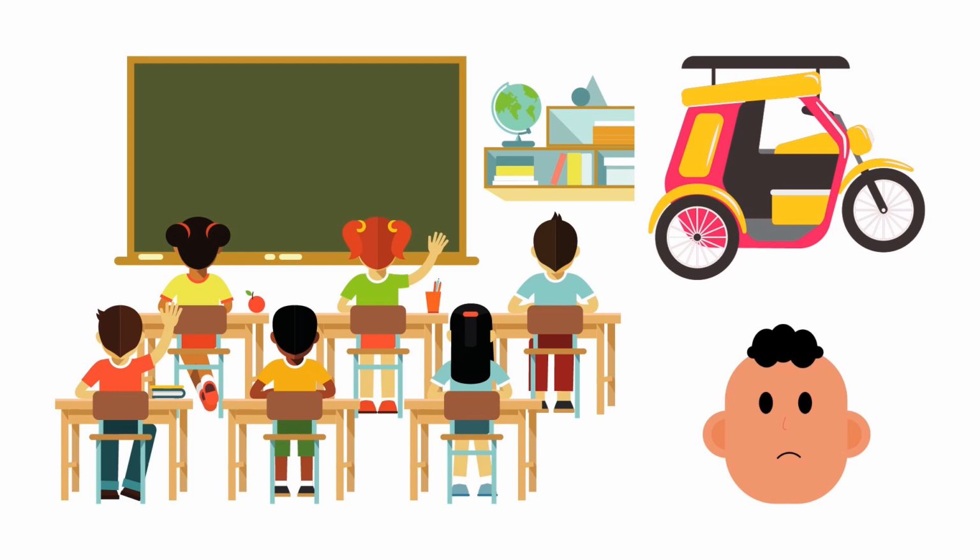On the Monday of the third week of classes, Binibining Marites asked the 7 struggling students to stay after the class so she could give them a review session on their lessons. 2 of the students told her they couldn't stay. Arnel said it was his turn to drive his uncle's tricycle, while Bea said she had to pick up her younger brother from their neighbor who was looking after him.